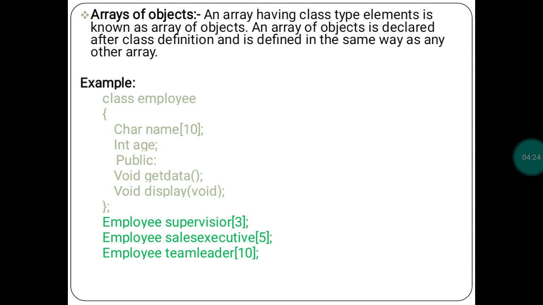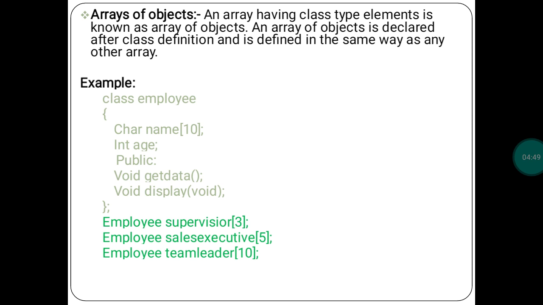Means in this program we can input 3 supervisors' information, 3 supervisors' names and 3 supervisors' ages. We have taken only 2 variables, name and age.